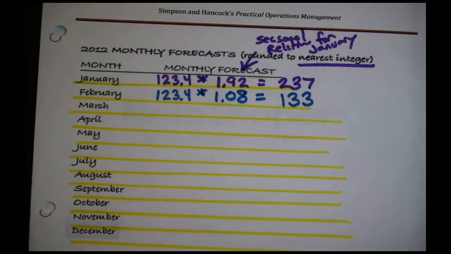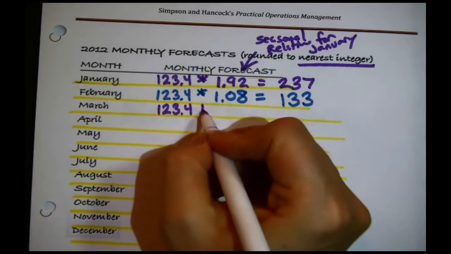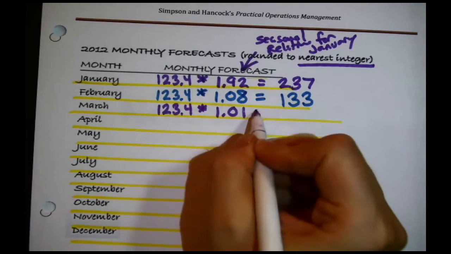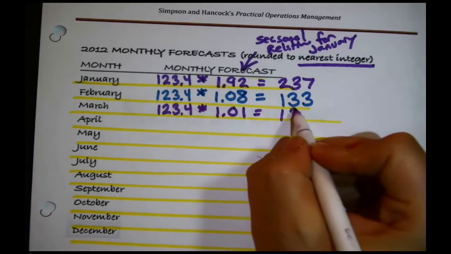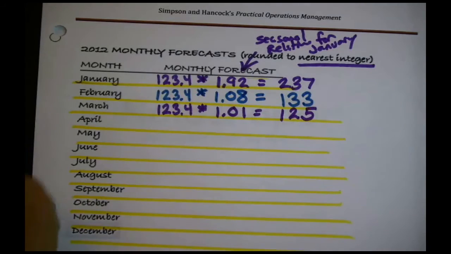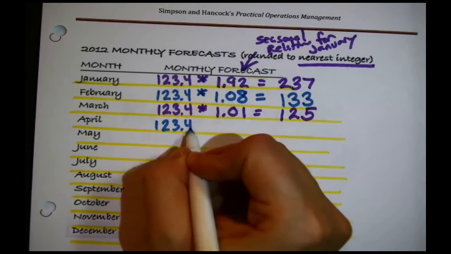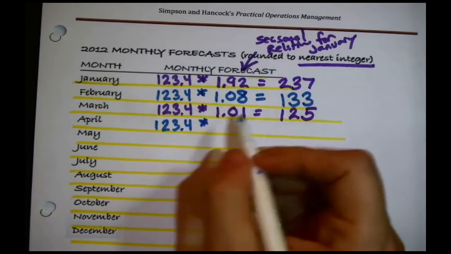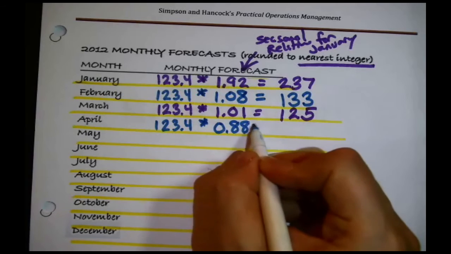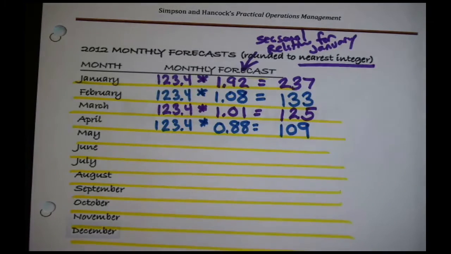For March, the same 123.4, but for March, the seasonal relative is 1.01, so we're going to forecast even fewer requests, only 125. For April, it's the same 123.4 times the seasonal relative for April, 0.88, so the forecast is even lower for April, 109.